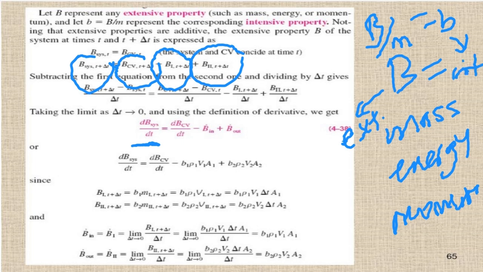If you want to find out the changes with time, then you can take the derivative of each term here with respect to time. The first term is going to give you dB system with respect to dt.